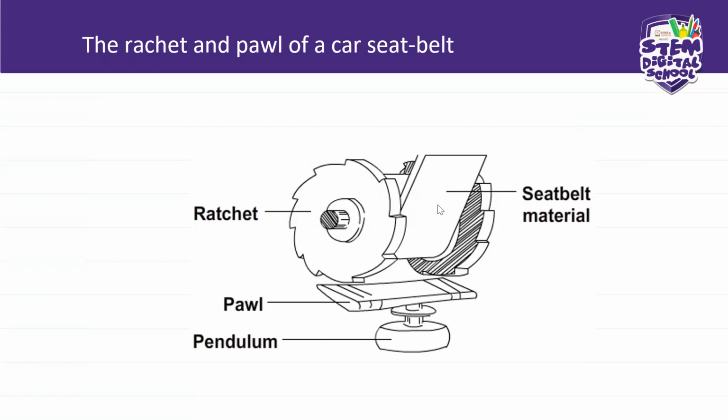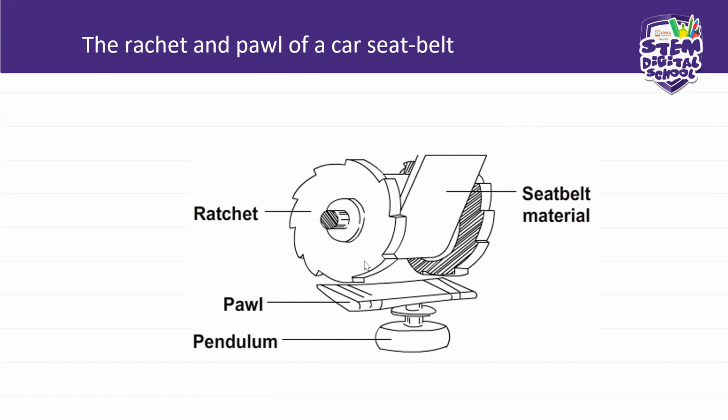You know, when you fasten your seat belt, it keeps you in that position. It only rolls when you pull it, but once you fasten it, it sits still in that position.